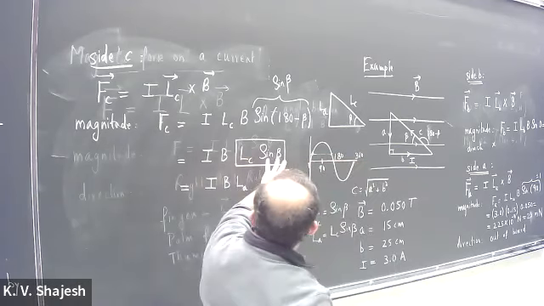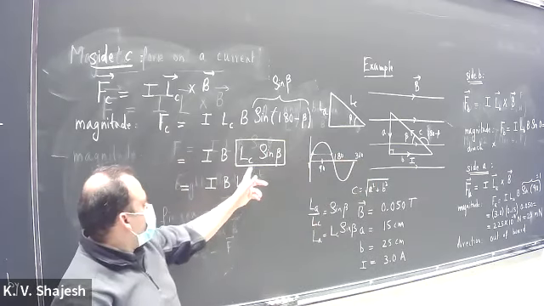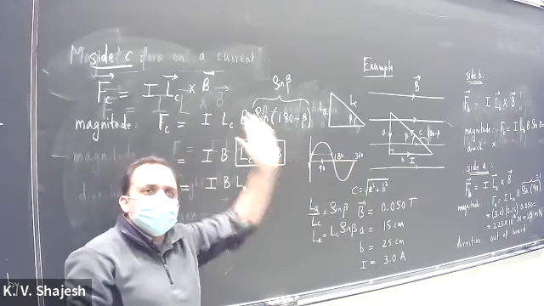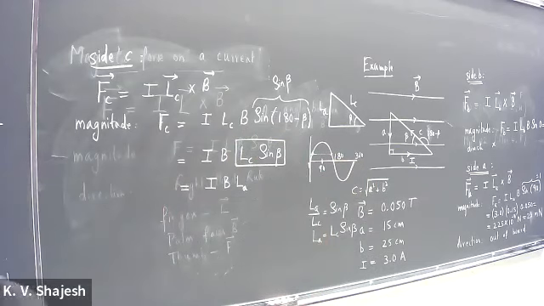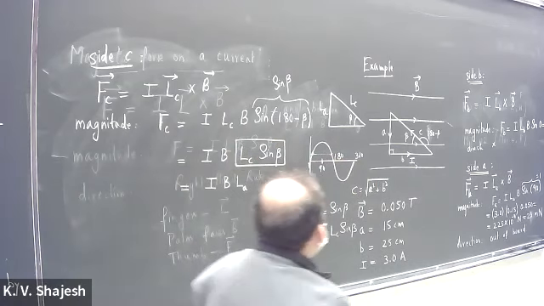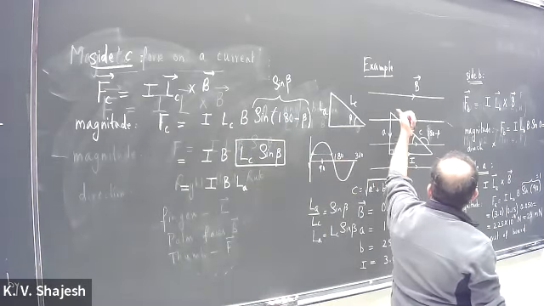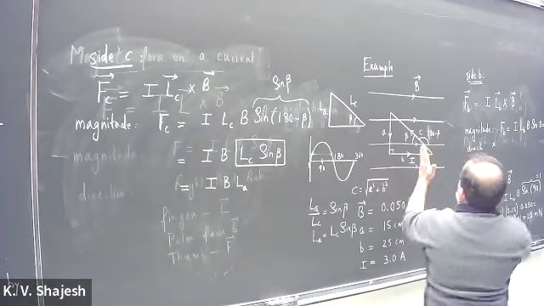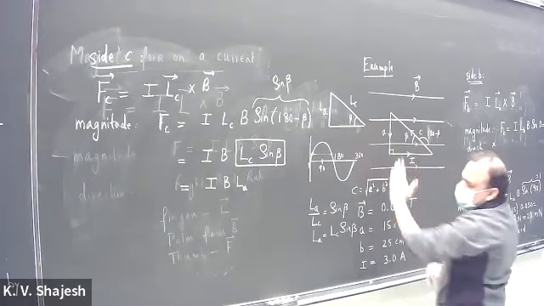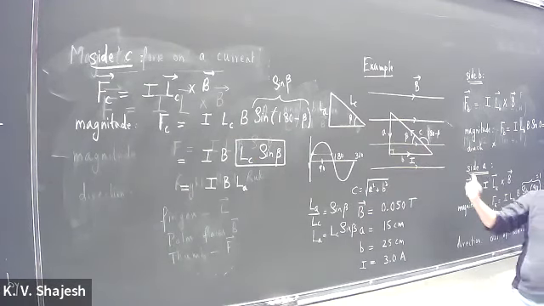So the angle was coming in such a way that only the projection of the length perpendicular to the direction of the magnetic field contributes. And that's a generic thing that happens: whenever you have a length, it is the projection of this length perpendicular to the magnetic field that contributes.